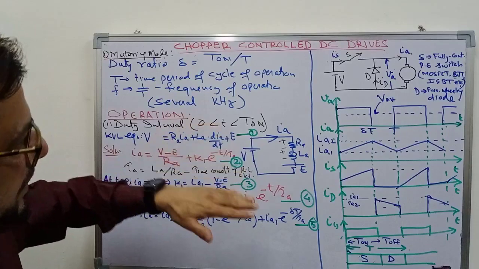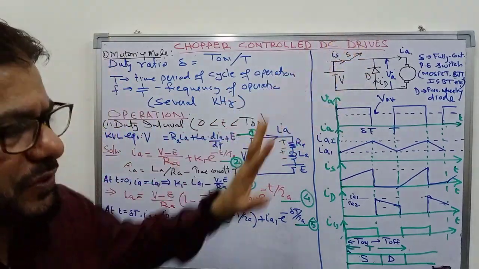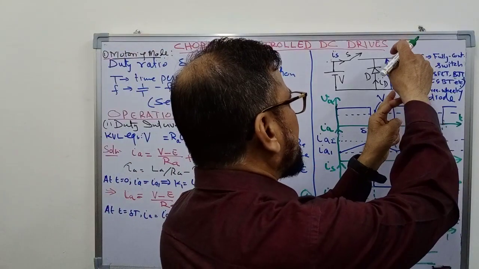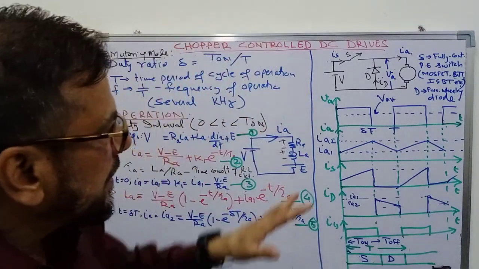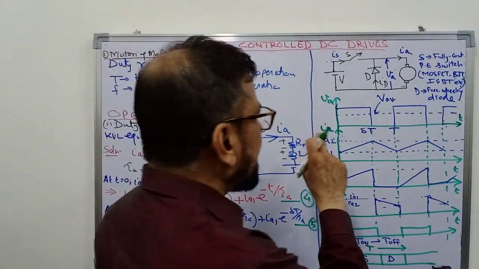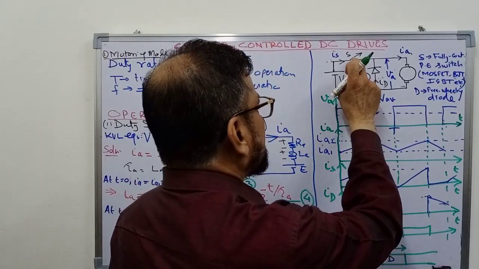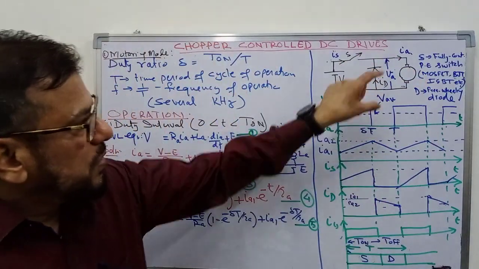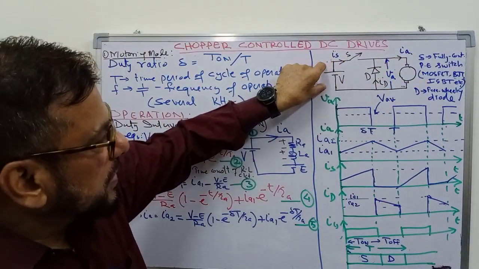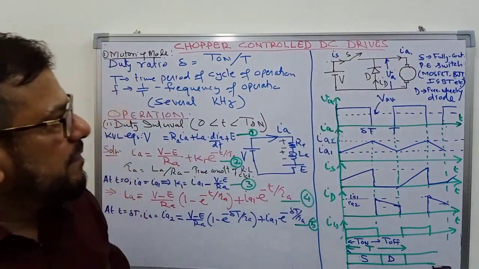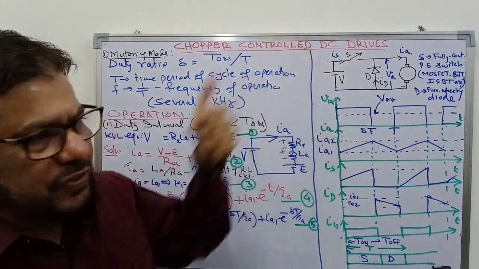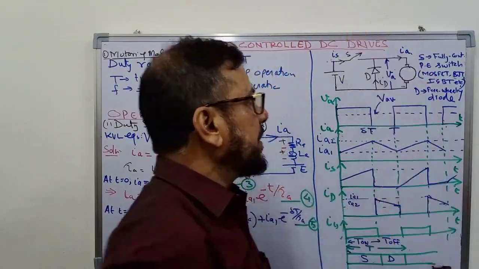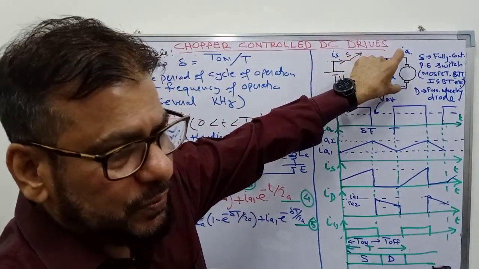So the switch is operated at a very high frequency, some kilohertz, and of course the voltage that appears here will vary. Briefly you can understand that when we give the signal, the switch turns on, the voltage is connected across the motor, and the source voltage appears across the armature. When the switch is turned off, current flows through the freewheeling diode, and the voltage across the motor becomes equal to 0.